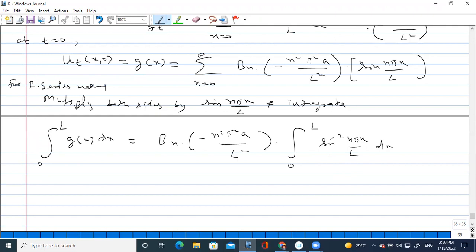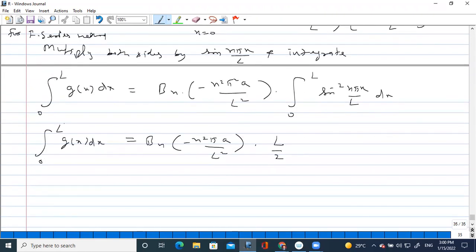Okay, now this integral we have done so many times. What is the answer of that? Can anybody tell? L by 2. So from here b_n can be found out. In the exam g(x) will be given, so b_n you have to find out.